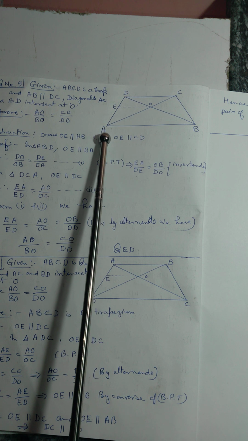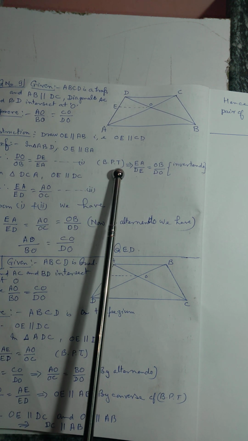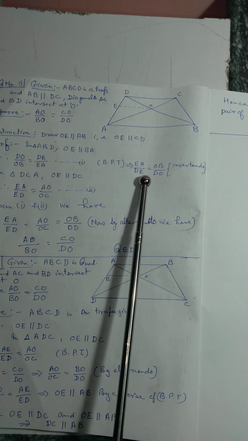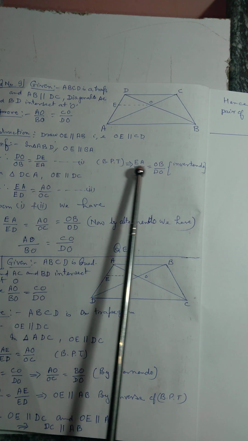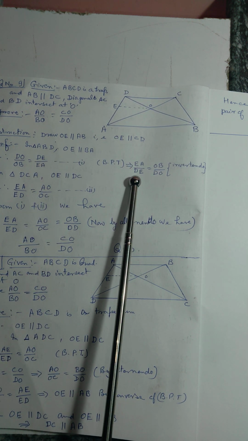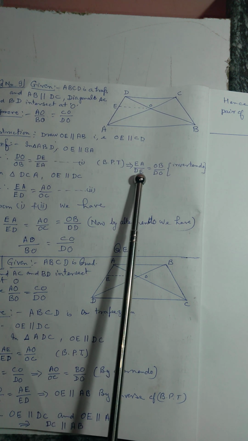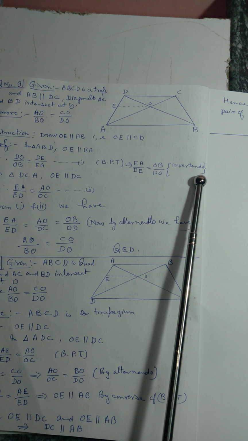That is the basic proportionality theorem. And you see, this can be inverted. So at that time, EA upon DE will be equal to OB upon DO by invertendo.